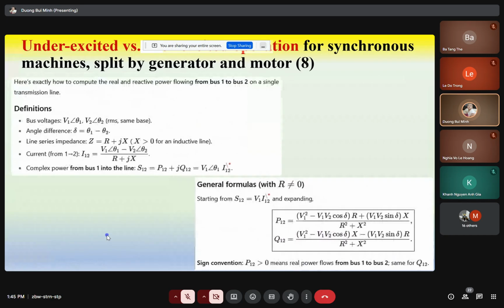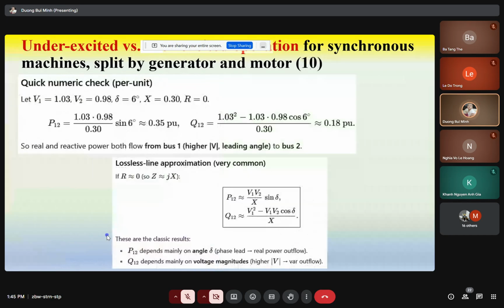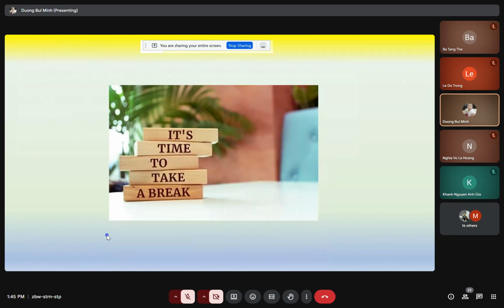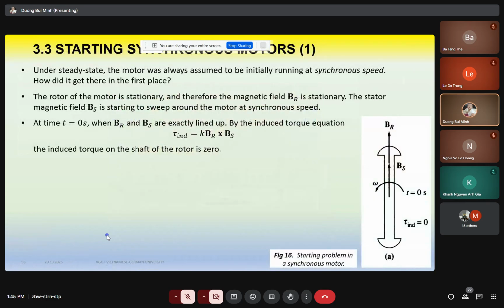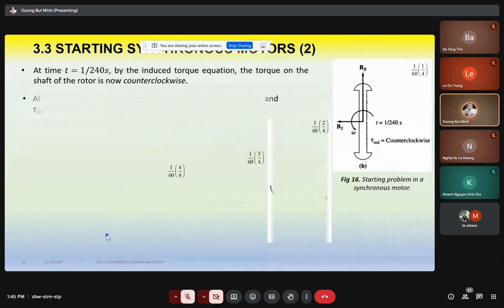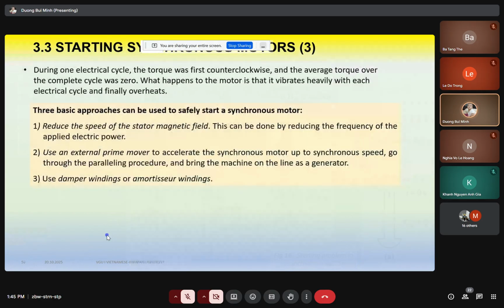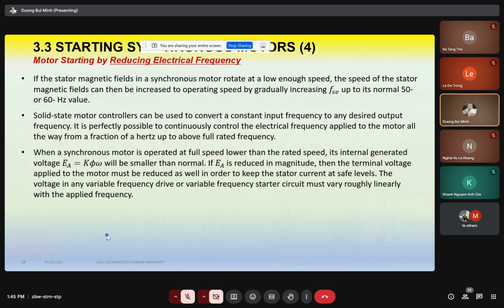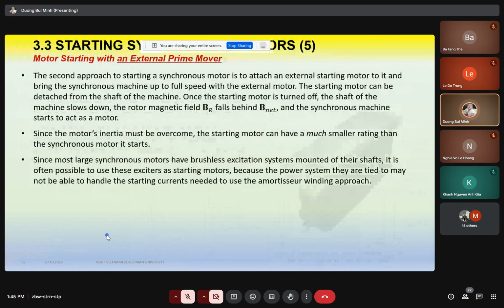Yeah, this one is for your reference, you can read some slides here at home. Okay, and session 3.3 is also for your reference. Okay, when you read my lecture, you can understand.